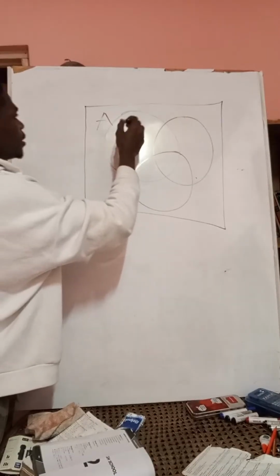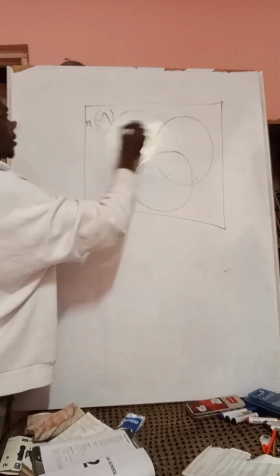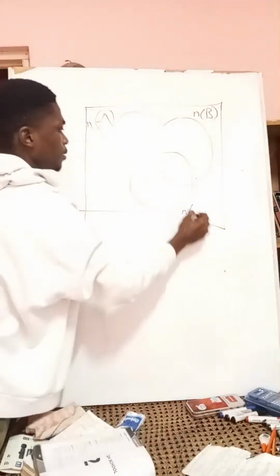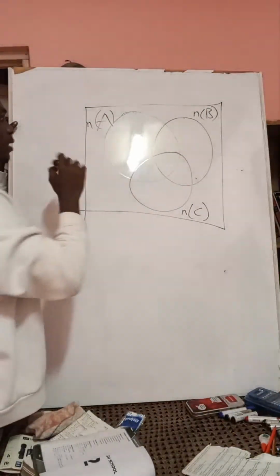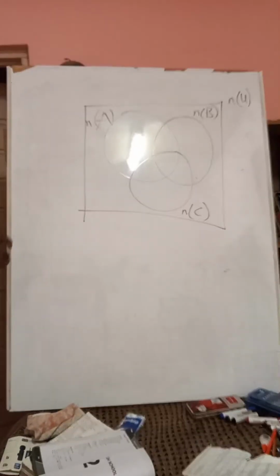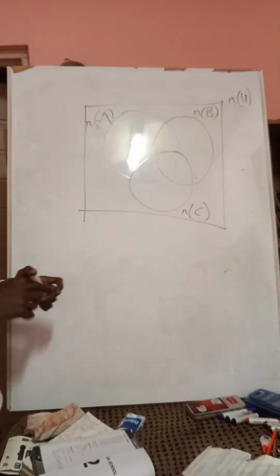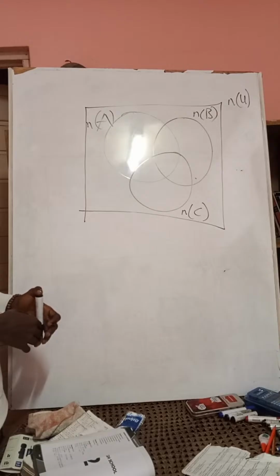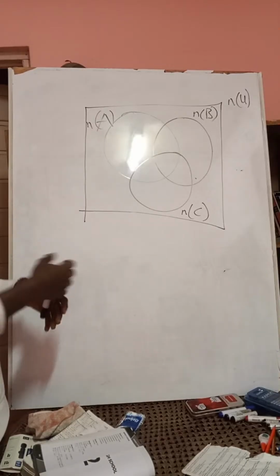Let's take this set as A, this is B, this is C, and the whole set is U. I'm coming to teach you how to go about it, the strategies you can go by.